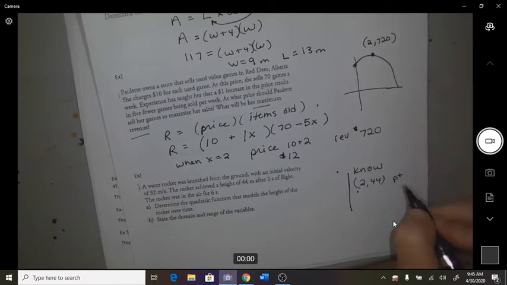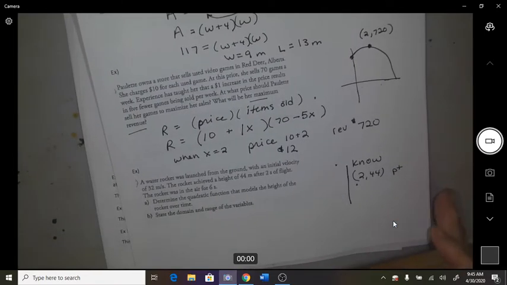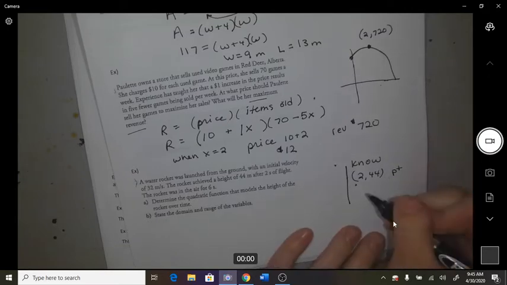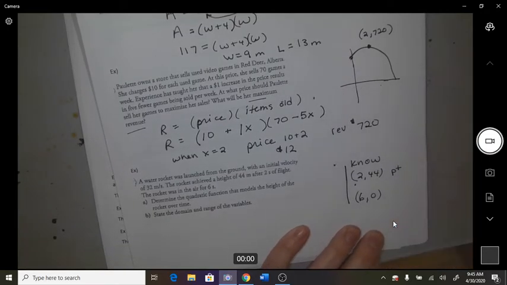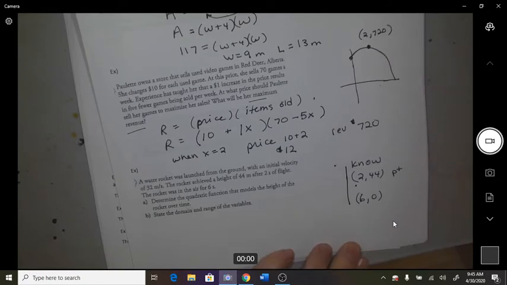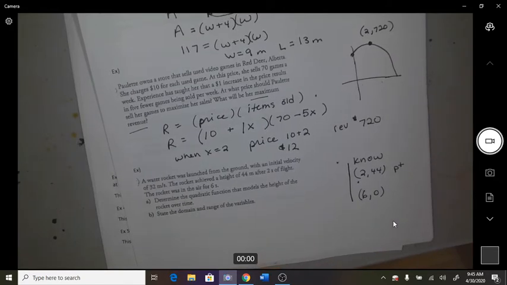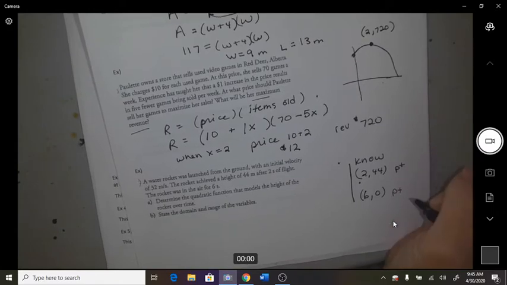That's a point. And the rocket was in the air for 6 seconds. So we know that is another point. Okay. So right now that is what we know.